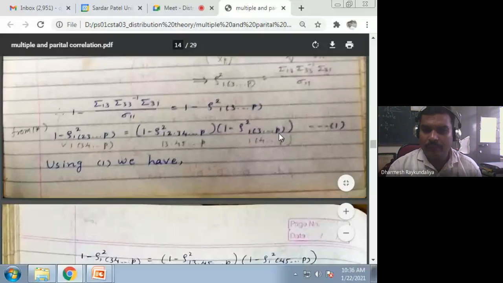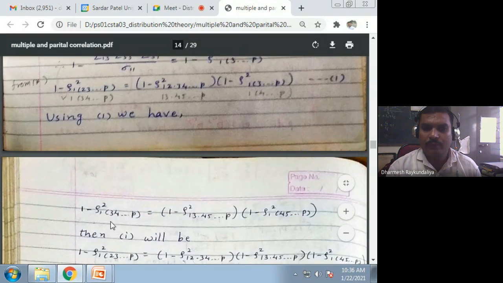Now what can we substitute for 1 minus rho square 1 3 p? We can substitute 1 minus rho square 1 3 up to p. Here it was the partial correlation between 1 and 2, so here it is 1 minus rho square 1 3 dot 4 5 p, and then you have to find the multiple correlation between 1 and 4, so it is 1 minus rho square 1 4 5 up to p.